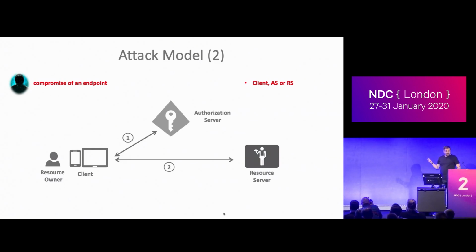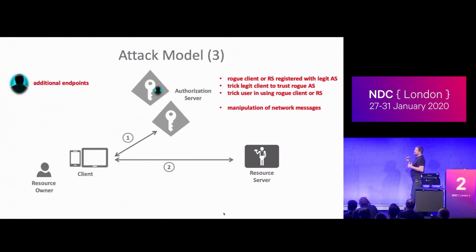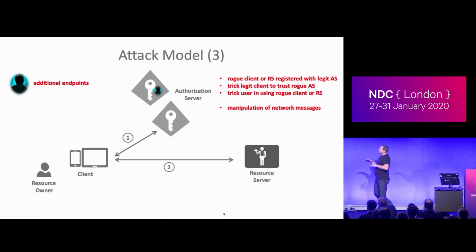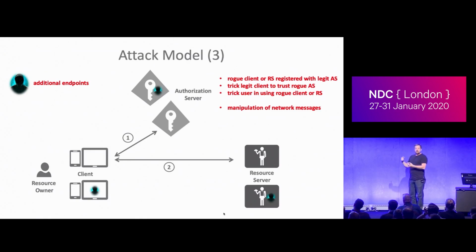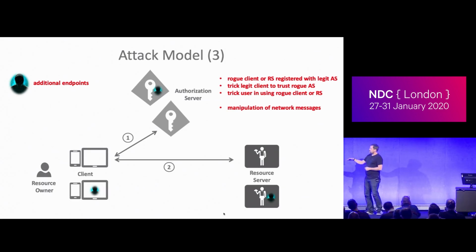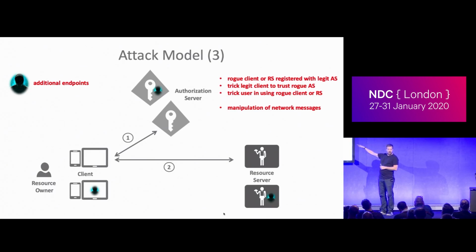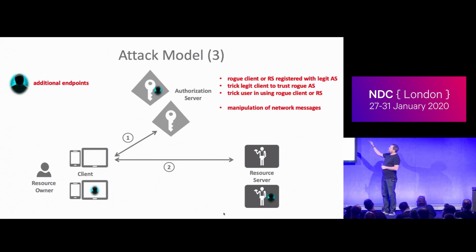A very interesting attack model, which is, in my opinion, like the battleground of the future, is basically if attackers can register additional infrastructure. Yeah? So maybe they can bring up rogue clients or rogue APIs or rogue authorization servers into the system. And even worse, maybe they can register the rogue client with the legitimate authorization server, or have the legitimate client talk to the rogue authorization server.